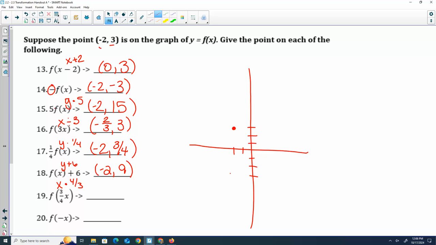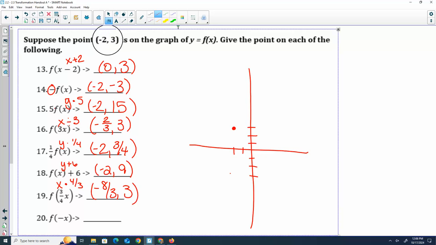Okay, so if I take my x, -2 times 4/3, we get -8/3. Y didn't change. And last one, what is that doing? Reflecting my graph over the y. Or we can think about changing the sign on the x, so we get +2, +3.